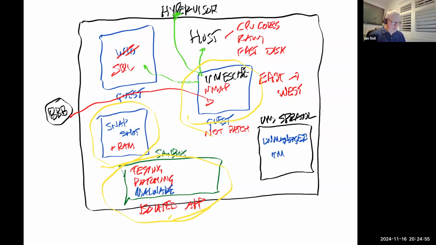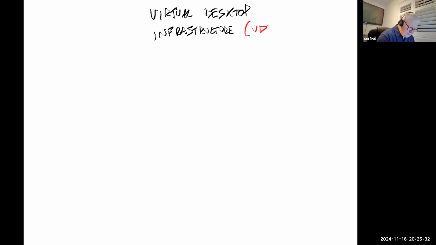So what we'll do, we're going to go for virtualization Mark II. I'm going to clear this screen here, and I'm going to go for virtual desktop infrastructure, known to its friends as VDI.